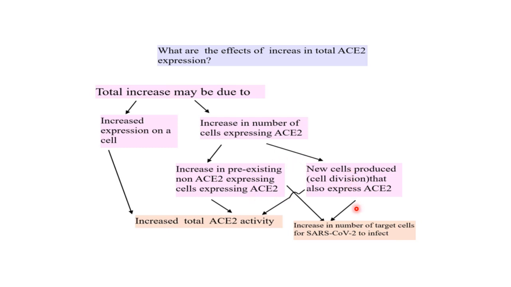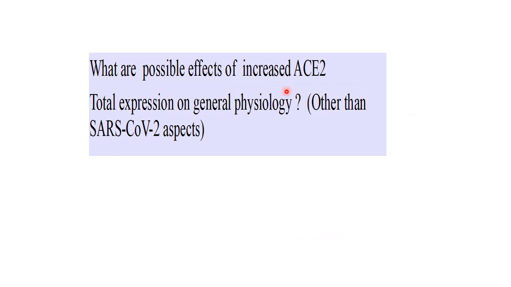This will lead to increase in number of target cells for SARS-CoV-2 to infect, and added on to that, increased expression on a cell, there will be increased total ACE2 activity. What are the possible effects of increased ACE2? Total expression on general physiology other than SARS-CoV-2 aspects.